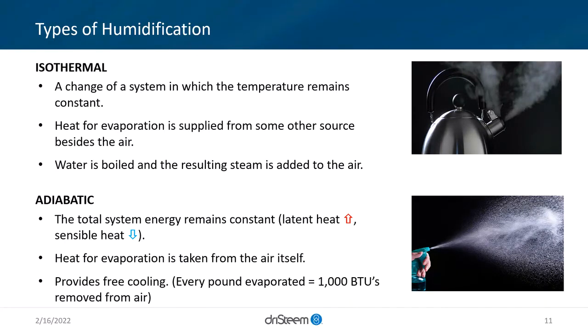The piece at the bottom regarding free cooling, there's many ways to look at this. If you're able to evaporate water, every pound evaporated is 1,000 BTUs removed from the air. Another way to put this is, if we're looking at cooling tonnage, every 12 pounds per hour evaporated can lead to an offset of 1 ton of cooling.